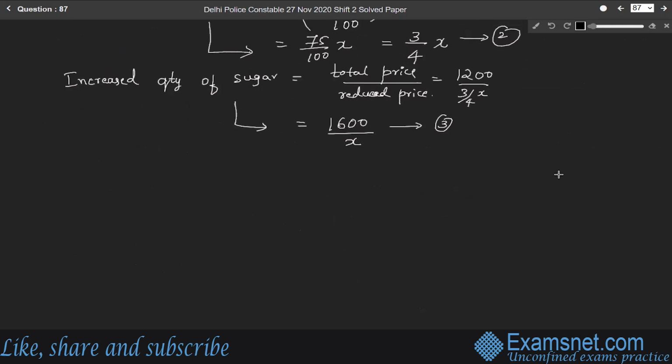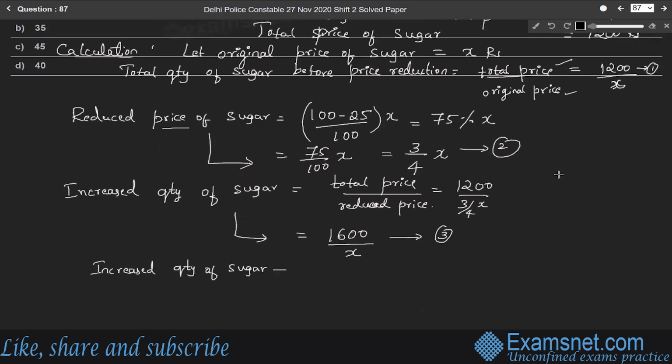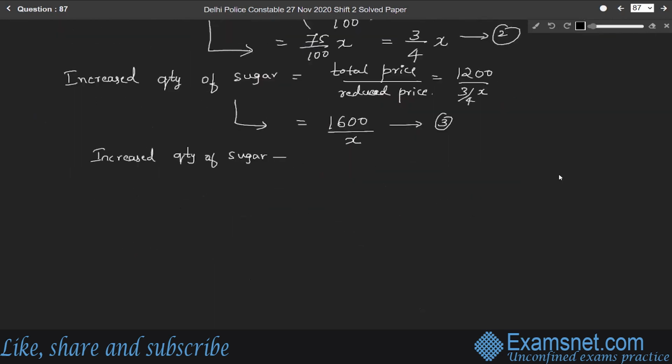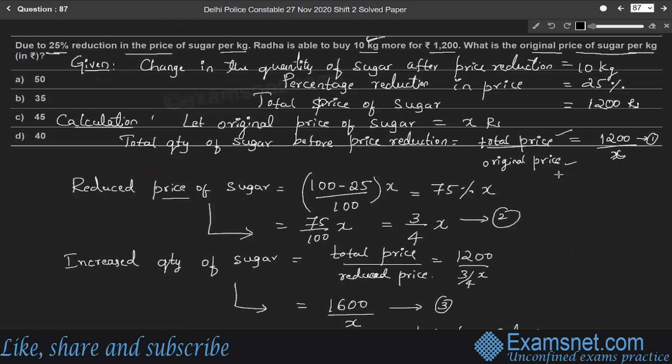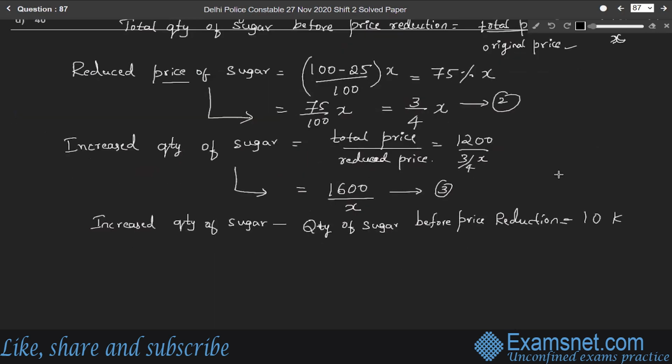So now the increased quantity of sugar minus the original quantity, that is the total quantity of sugar before price reduction, is equal to the change in the quantity of sugar, which in the question itself is given as 10 kg.